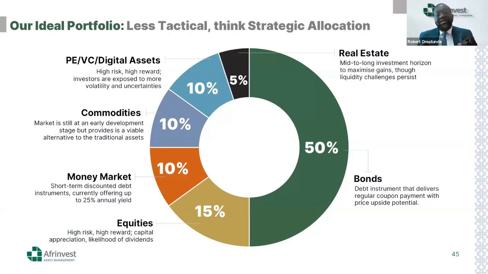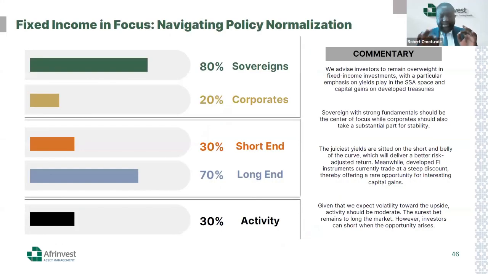Now, we've done some very small allocation to commodities, to private equity, venture capital, digital assets, as well as real estate. And that's why we believe, for instance, if you look at the commodity space, we think that agriculture may be the aspect of commodities that would deliver good returns going into 2025.